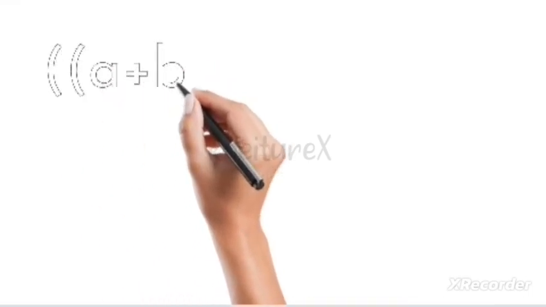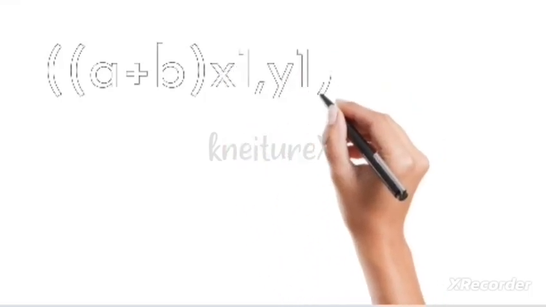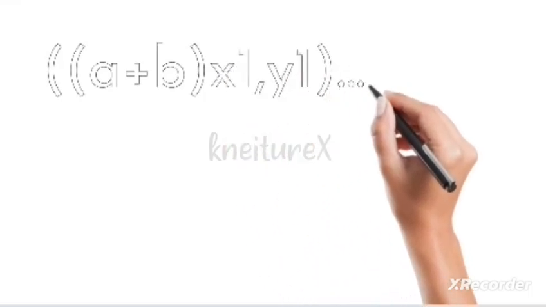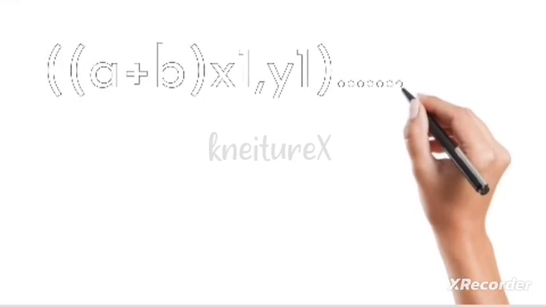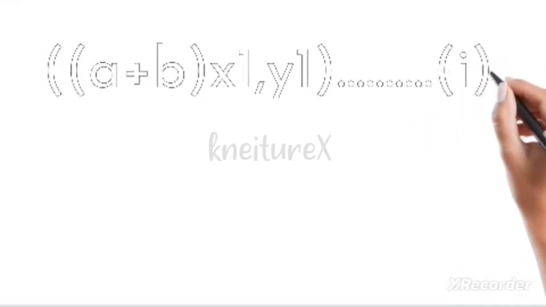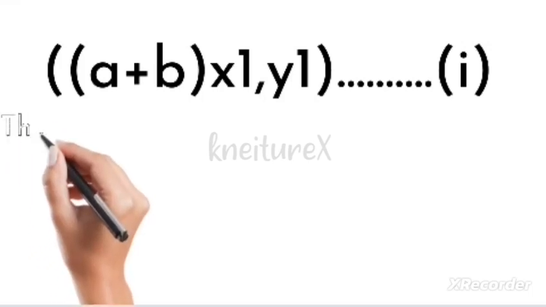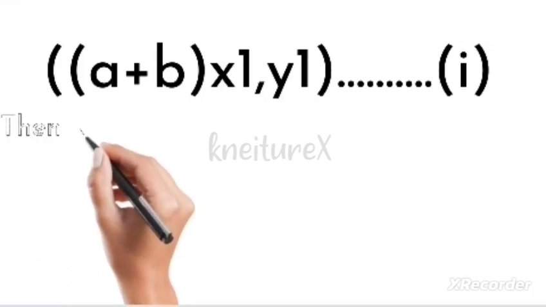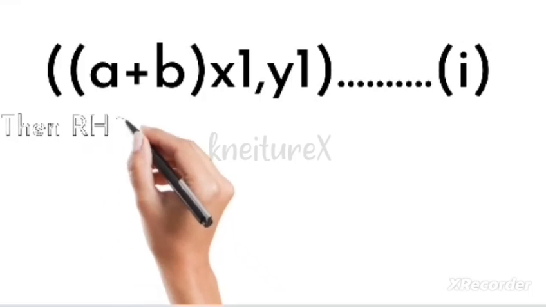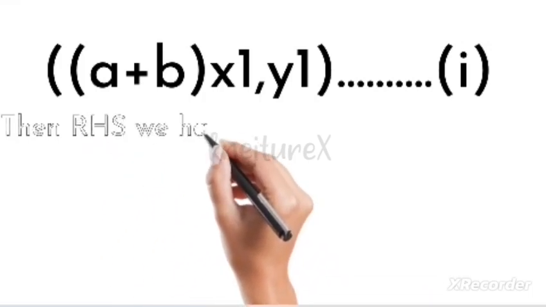Remember, according to the scalar rule, k(x, y) equals (kx, y). So when we open that bracket, a plus b is representing k. It only multiplies x, obeying the scalar rule given in the question.